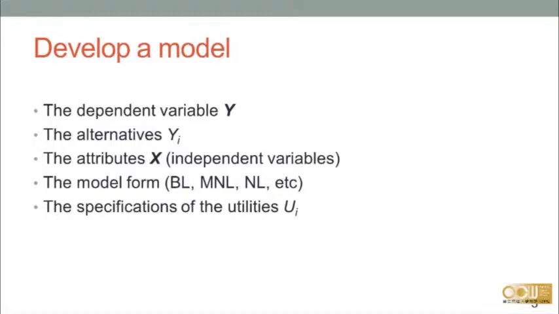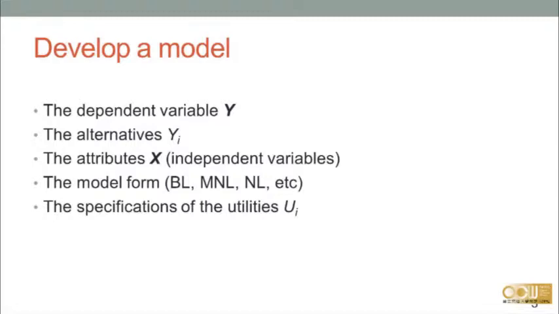So you need to specify the dependent variable, so the utility, right? Let's say this is the utility. Then you have to specify the alternatives, the attributes in each utility, and then the model form. Oh no, she says the dependent variable, I think this is the choice. The alternatives, so the choice.